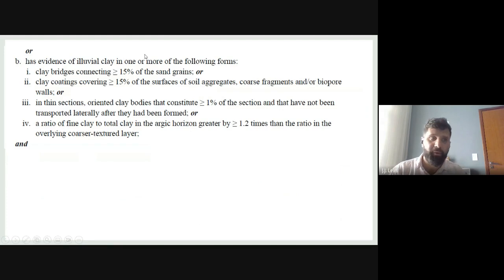Beyond the clay content, we can also look for other morphological features that could identify an argic horizon. Some of them are alluvial clay features, which you saw in the class of paleopedology. We can see clay bridges that connect at least 15% of the sand grains.